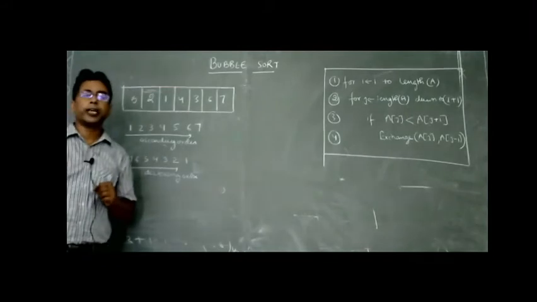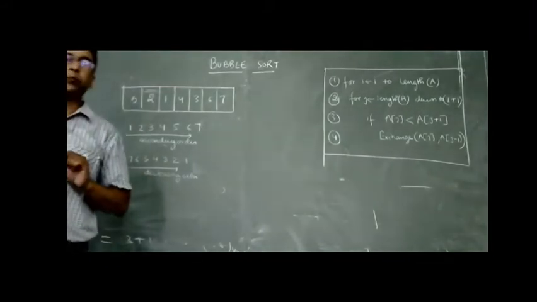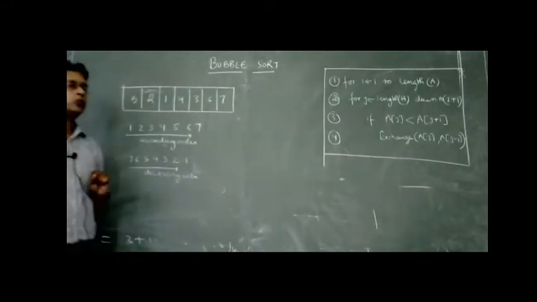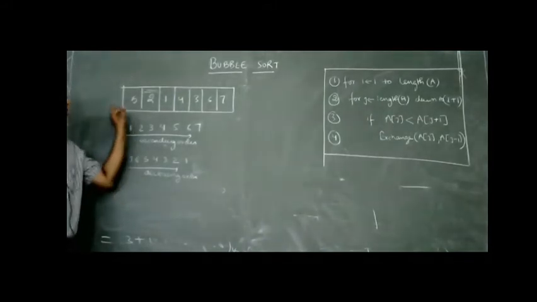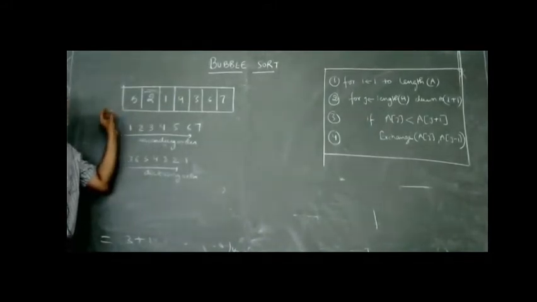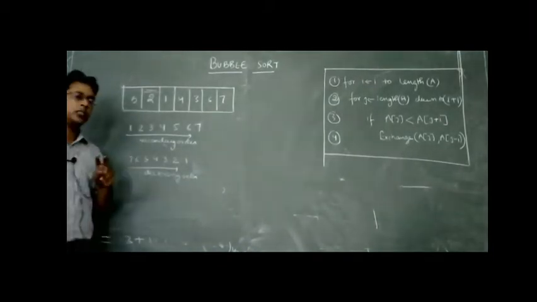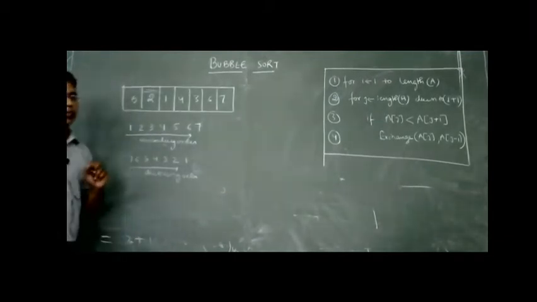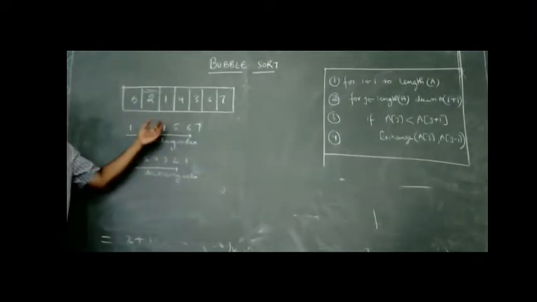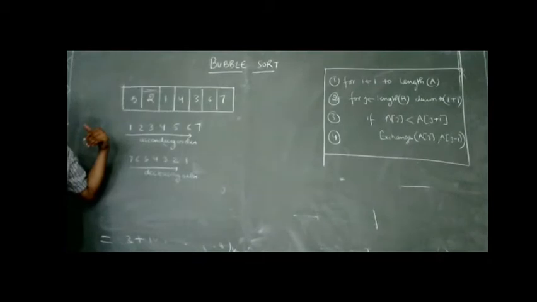So for understanding the bubble sort, I shall first explain how it works. In bubble sort, we find out if there are any two elements which are not in order, then we exchange these two elements with each other, so that the smaller element comes on the left hand side and the larger element goes to the right hand side.